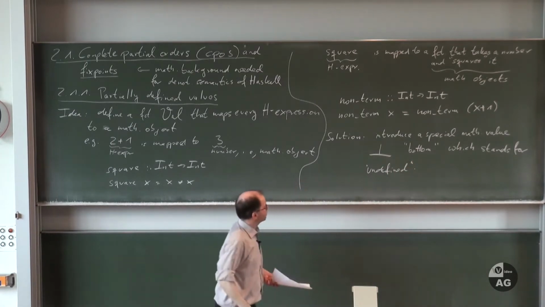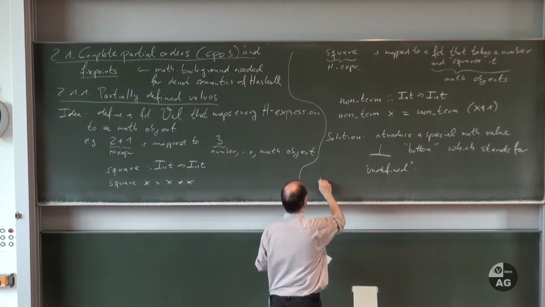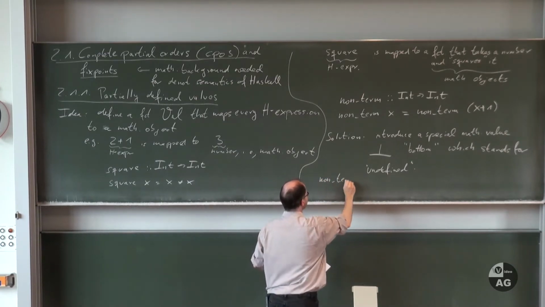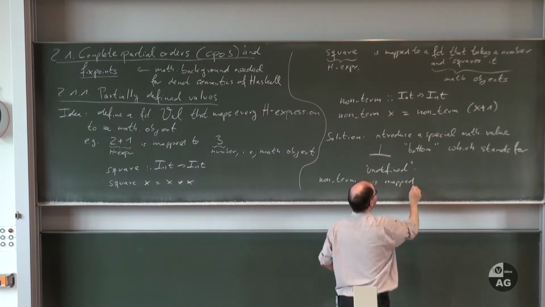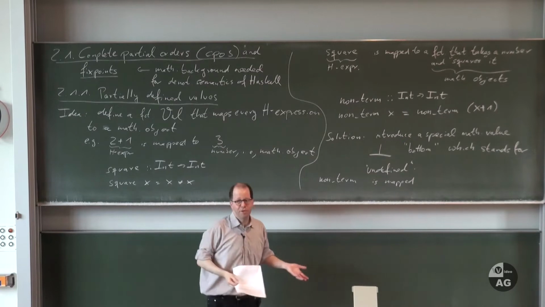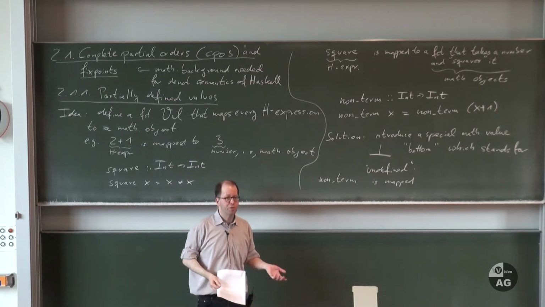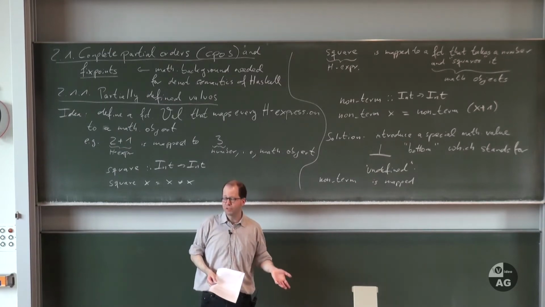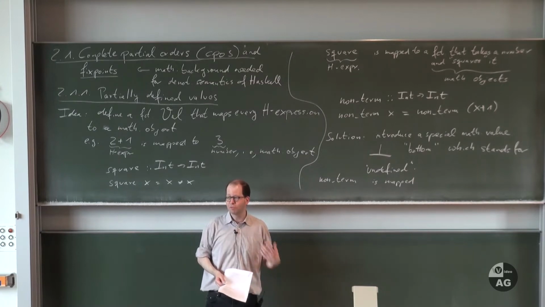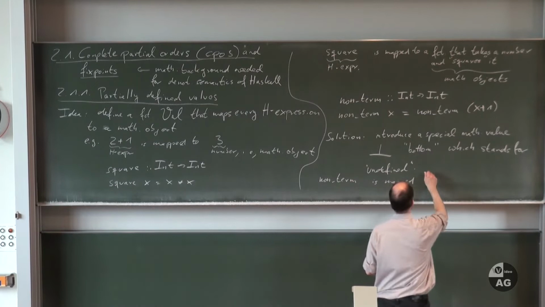And then it's clear what the semantics of non-term is. So then non-term, this Haskell expression, is mapped to the function that takes a number and maps it to bottom. So if I apply it to 5, I get bottom. If I apply it to 7, I get bottom as well. And if I apply it to bottom, I get bottom as well. So this returns bottom all the time because this is always undefined for every argument.